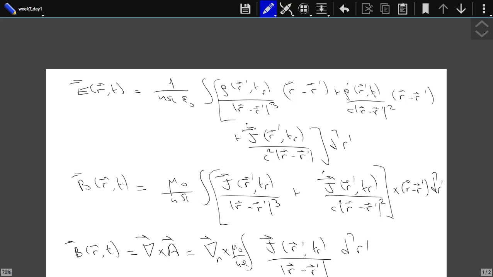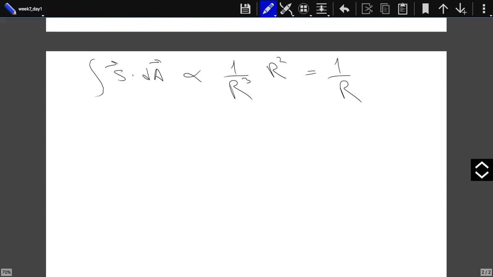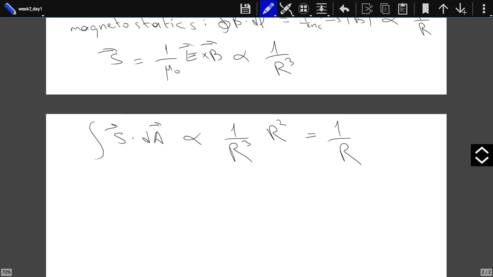Since the E and B fields both have this 1 over R behavior, the Poynting vector, which is the product of the two, will behave as 1 over R squared. If we have time-dependent currents and charges, the Poynting vector will behave like 1 over R squared. The area grows as R squared, so in principle we can have radiation.